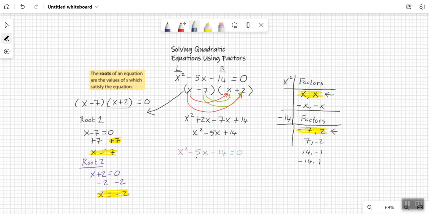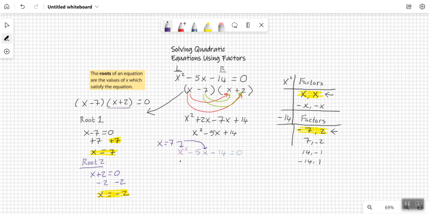Okay, so that's the expression that we started off with. And what these roots are is that if I take this value, so let's say x is equal to 7, and I substitute it into the quadratic equation here, when I work it out, it'll be equal to 0.